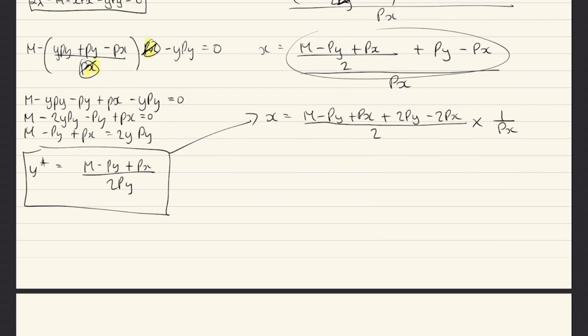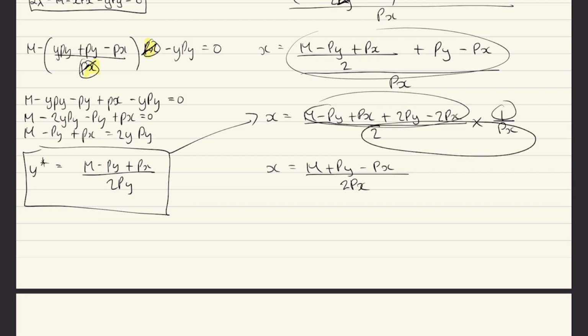So just simplifying the left-hand side numerator, we have m plus py, because minus 1 plus 2 is plus 1, and then minus px, because 1 minus 2 is minus 1, all over 2px. So I've just basically simplified the numerator and then times that by 1, and then 2 times px just becomes 2px. So that is your final answer for x star.